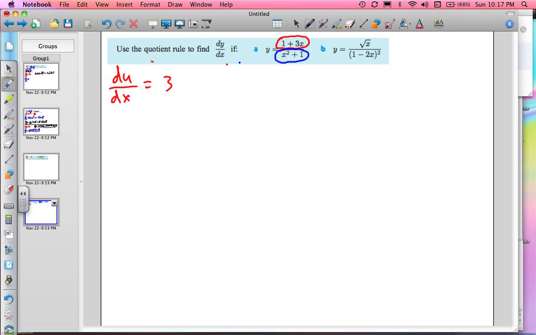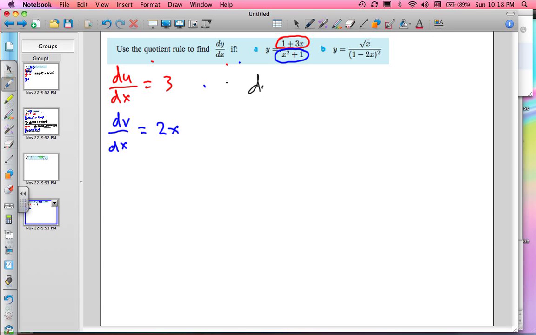Then we find the derivative of the bottom function, which we usually just name v, just for convention's sake. So it would be dv dx. And in this case, it would be 2x. And derivative of 1, of course, is 0. So we found du dx, we found dv dx. Now we can do the quotient rule.